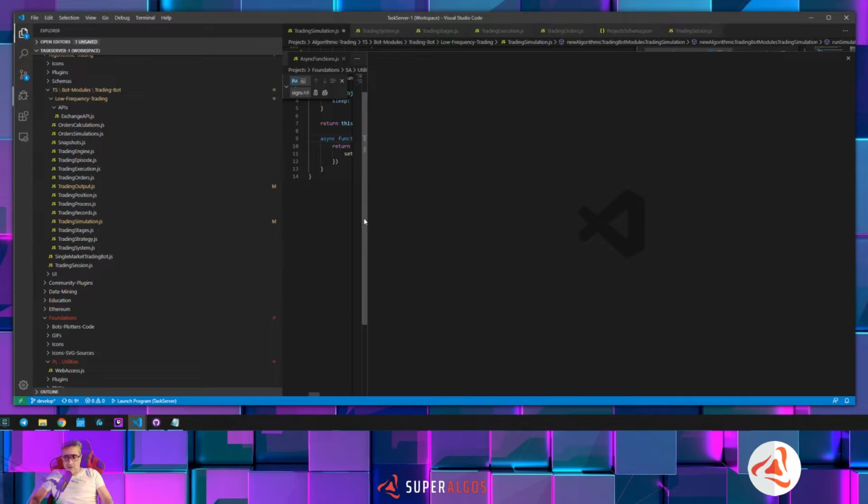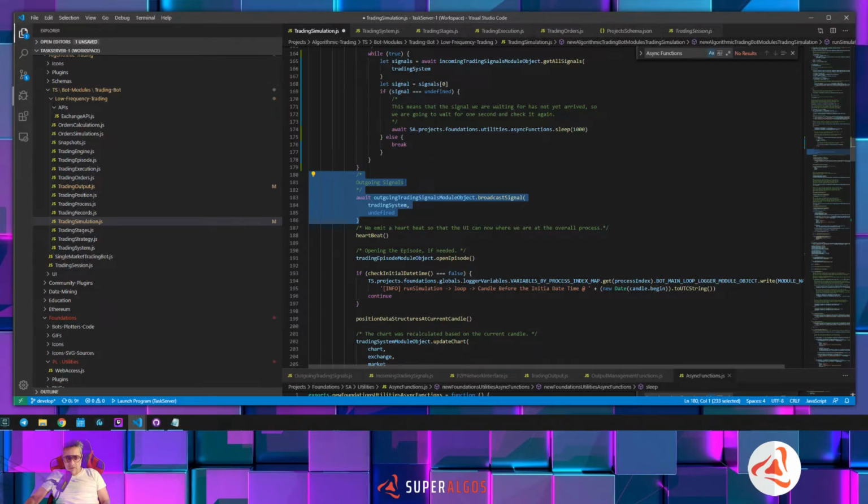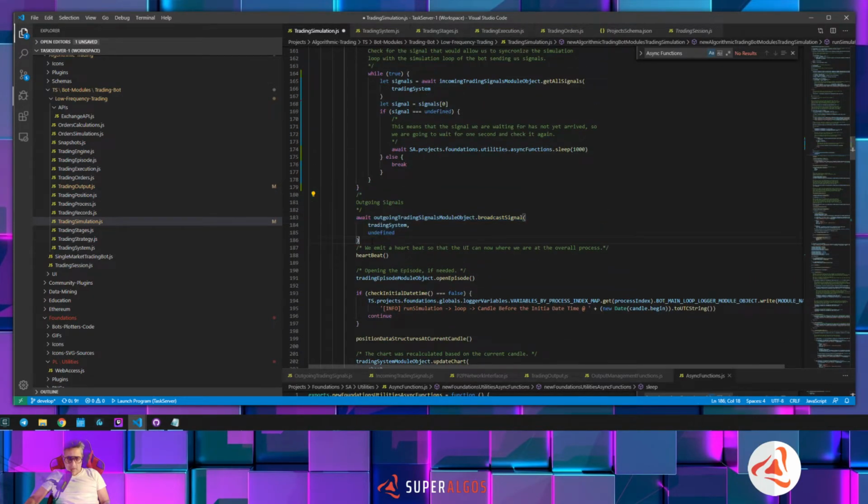What we need to do is execute the candle and then broadcast the signal that the candle and all the signals that belong to that candle are already in place, so that when the other bot detects this candle and executes it, it also finds all the signals belonging to this candle. So this I'm going to move towards the end.